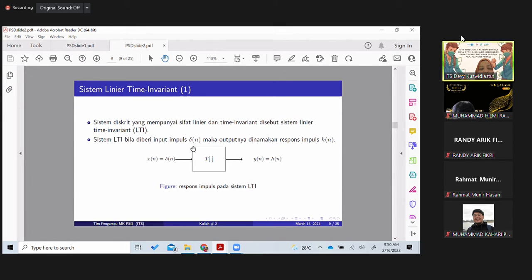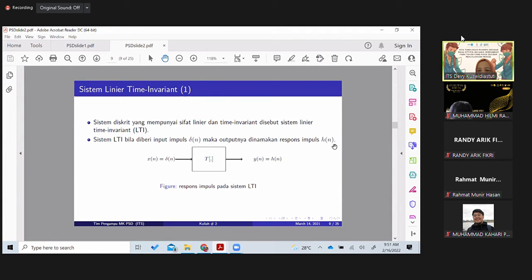So this is what we want to design, or we want to have as our system. And then the next important parameter that you have to know is called the impulse response of an LTI system.